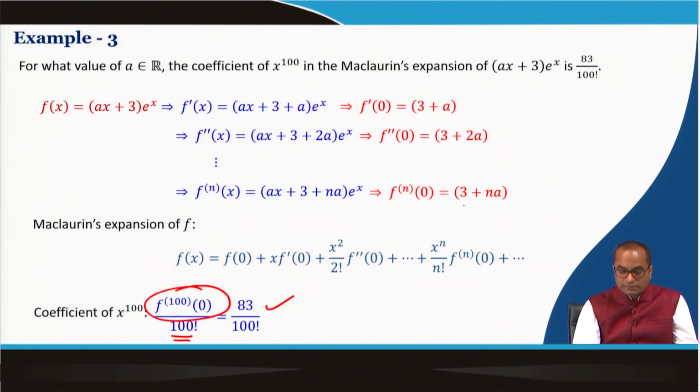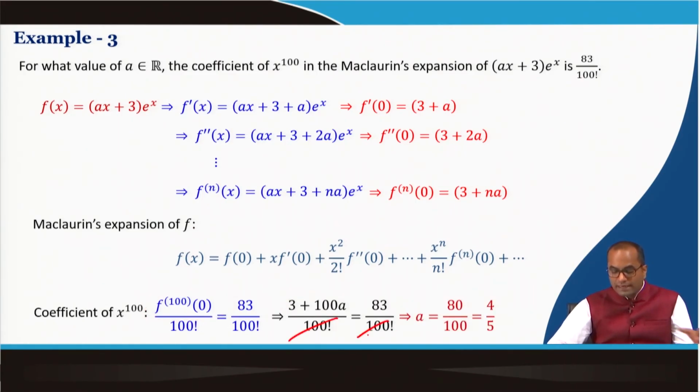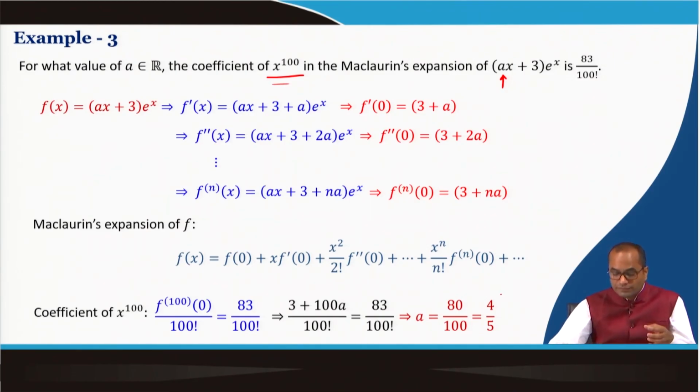This is nothing but 3 plus 100a, and then this factorial will cancel out and we will get a equal to 4 by 5. So we can do similar kinds of problems where the coefficient value is given and there is some unknown parameter in the function, which we have found out is actually 4 by 5.